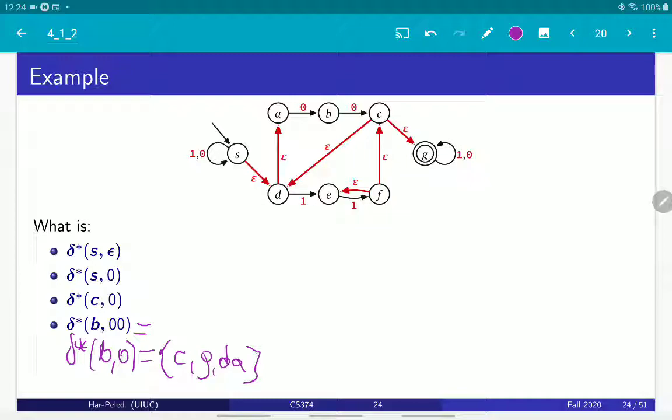Okay. Now let's apply 0 to it and see what we can get. Let me put it in double quotes because we might have to apply epsilon transitions. C, if we get 0, we cannot do anything.